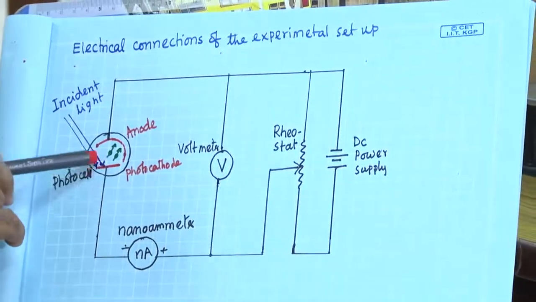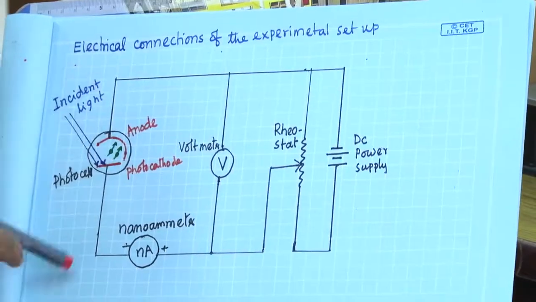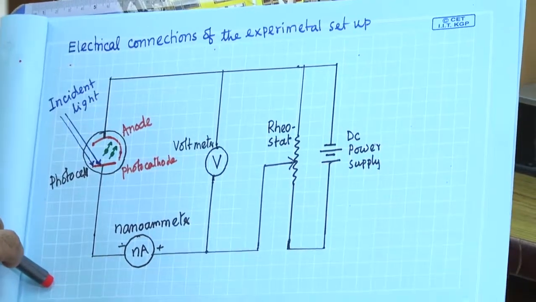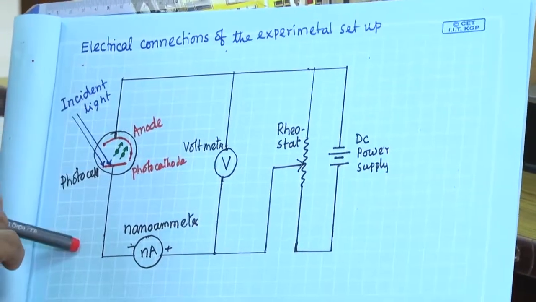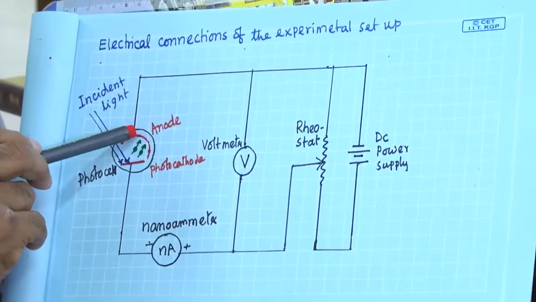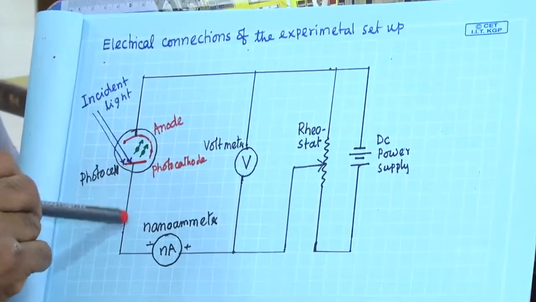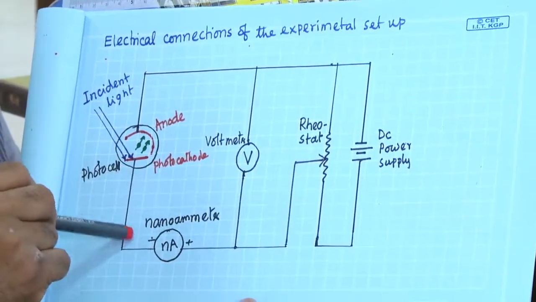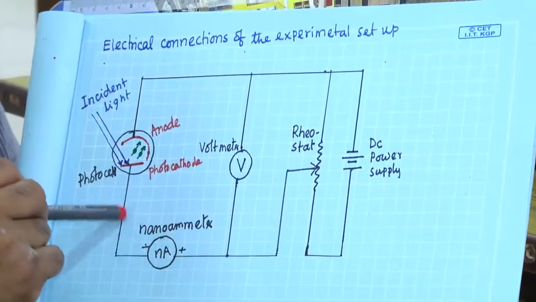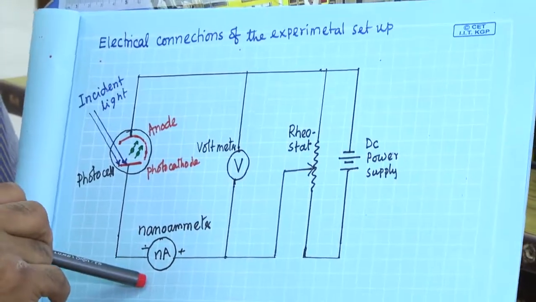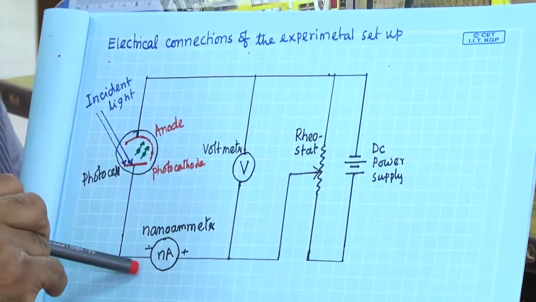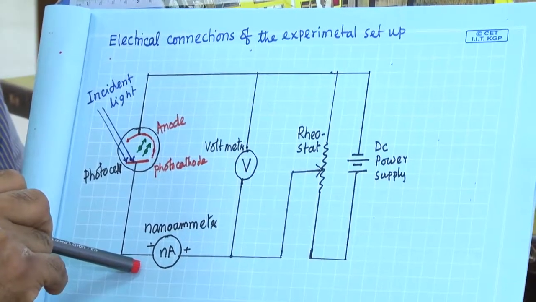Electrons will be emitted from this photocathode and reach the anode. Then we will get a photocurrent, and that current we will measure using the nanoammeter.